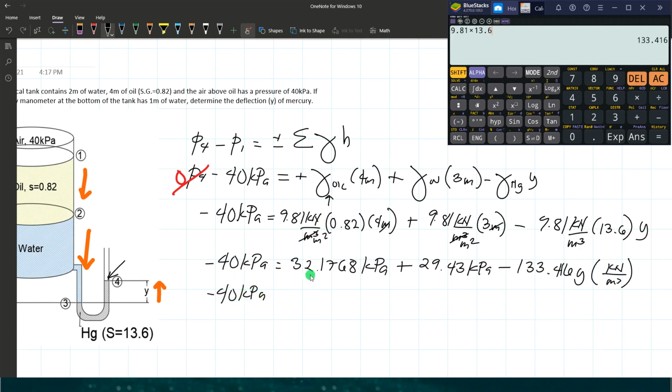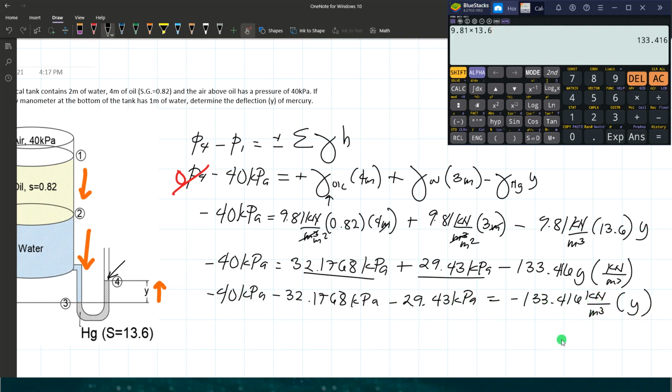Okay, you can move these terms to the other side of the equation. So we'll have negative 32.1768, negative 29.43 kilopascal equals negative 133.416 kilonewtons per cubic meter times y.